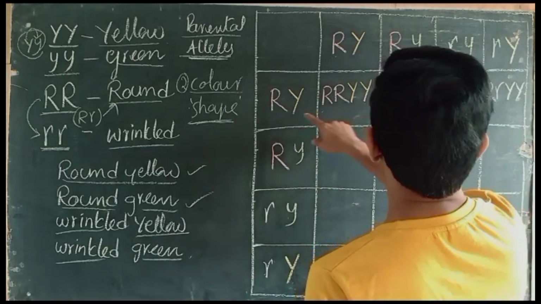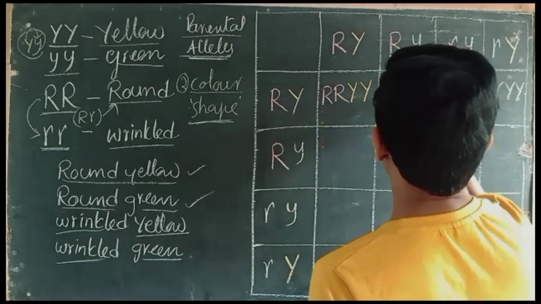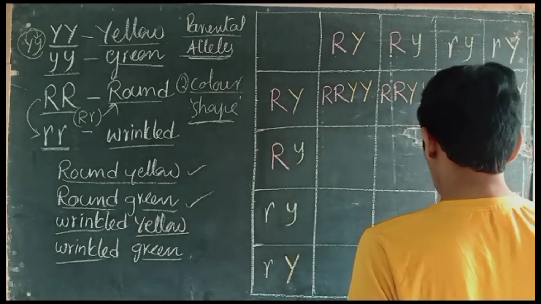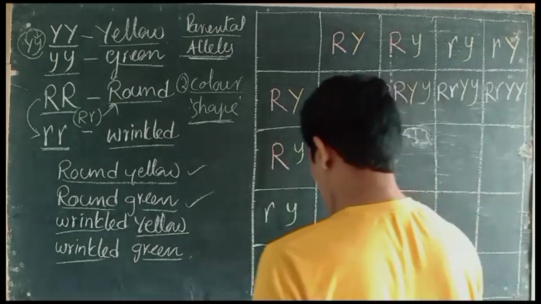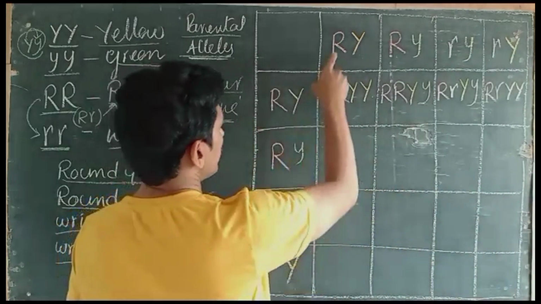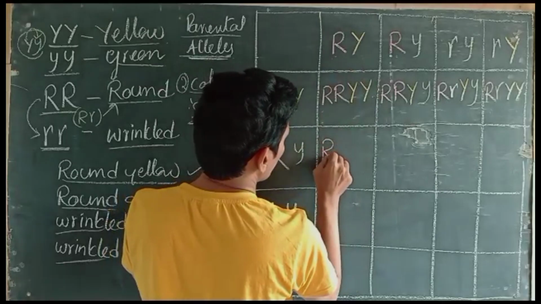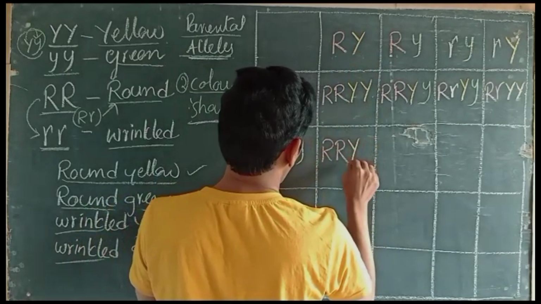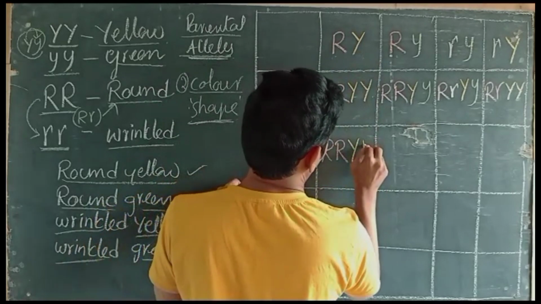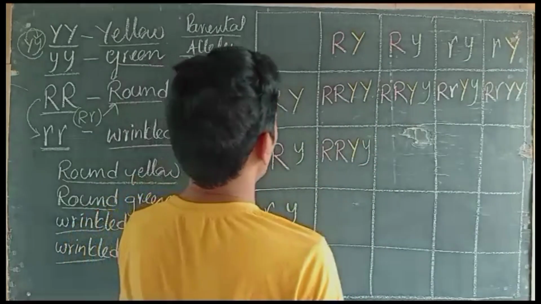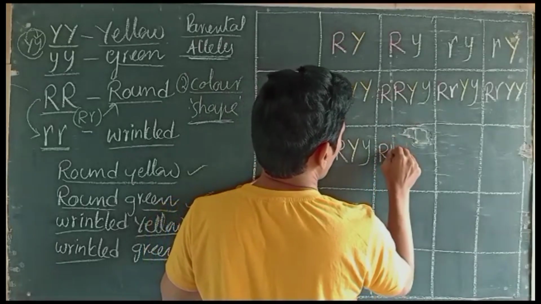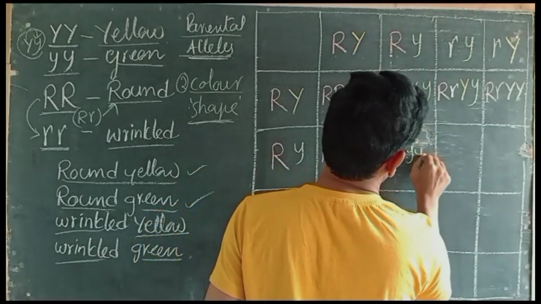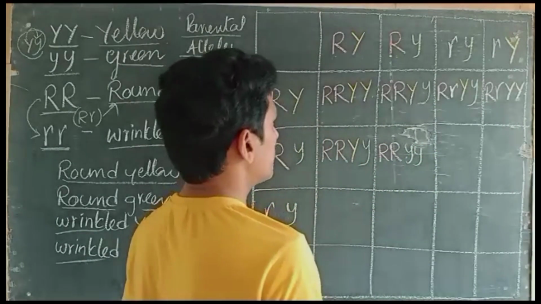And before that capital R, small r, and capital Y, small y, capital Y, small y. Next, coming to the next one, capital R and capital Y, small y. Later, capital R, small y, small y. Both are the same factors, homozygous, small y, small y.